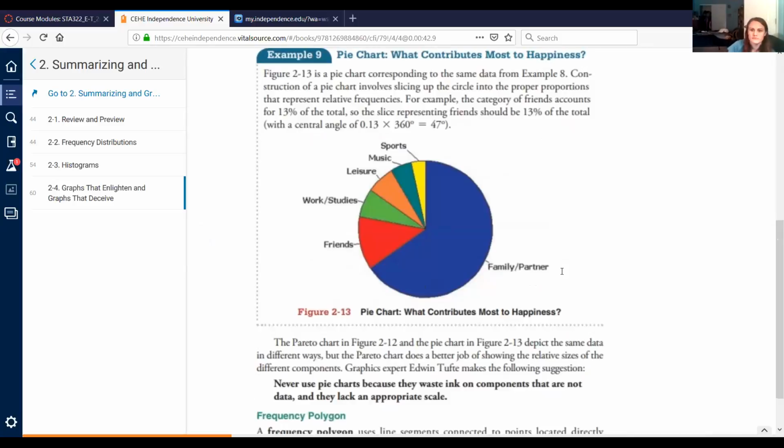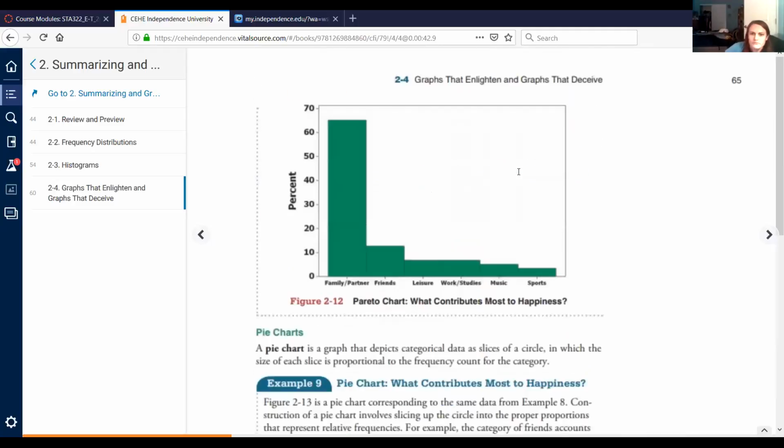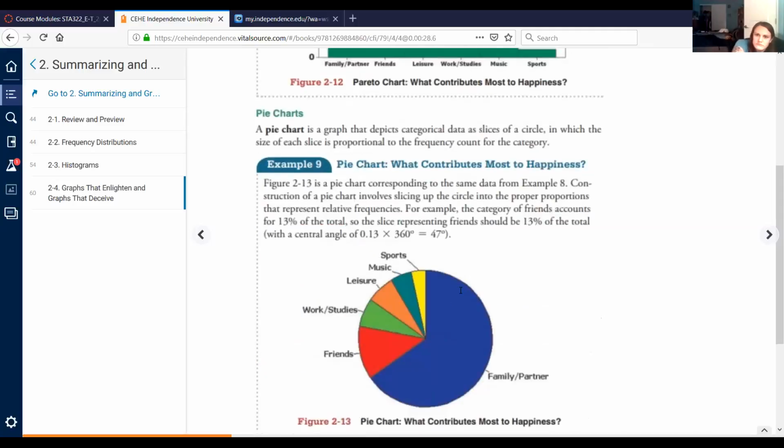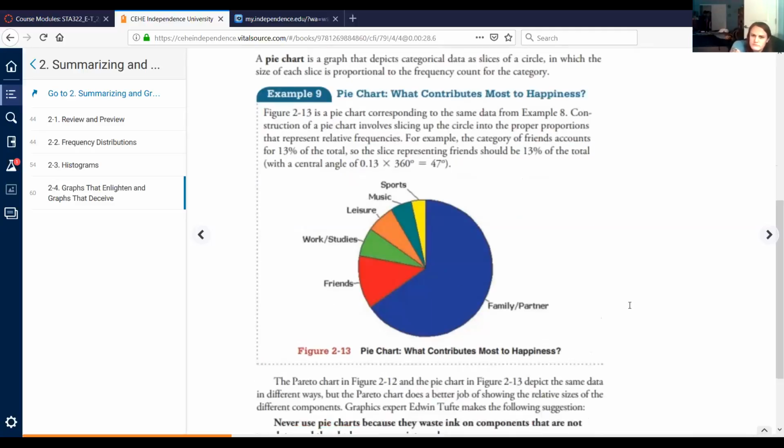They also have some ways that they can become confusing. If you are looking at this compared to the Pareto, you're going to see, yeah, way up here for family and partner contributing to the happiness, and here too. Usually you want everything to go clockwise from highest to lowest. And you don't want too many parameters. You put too many in and you've got a mess.